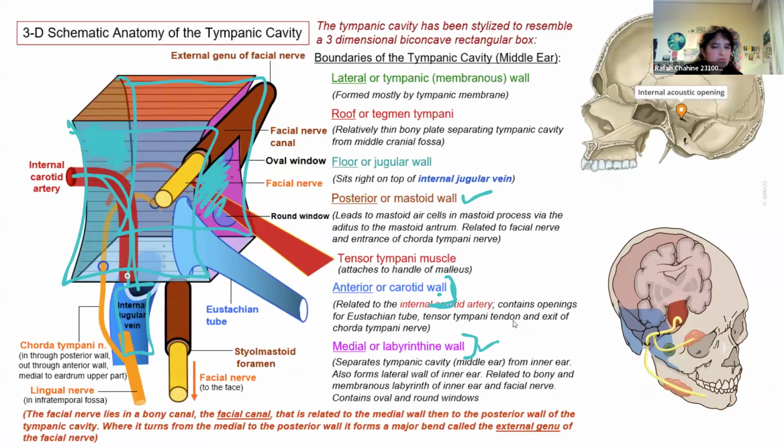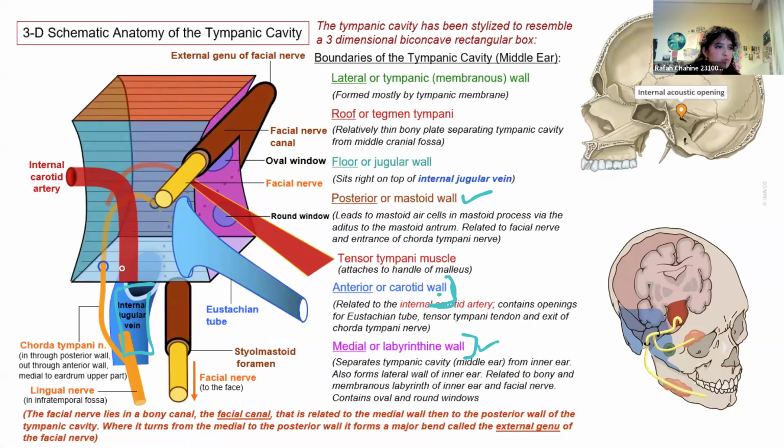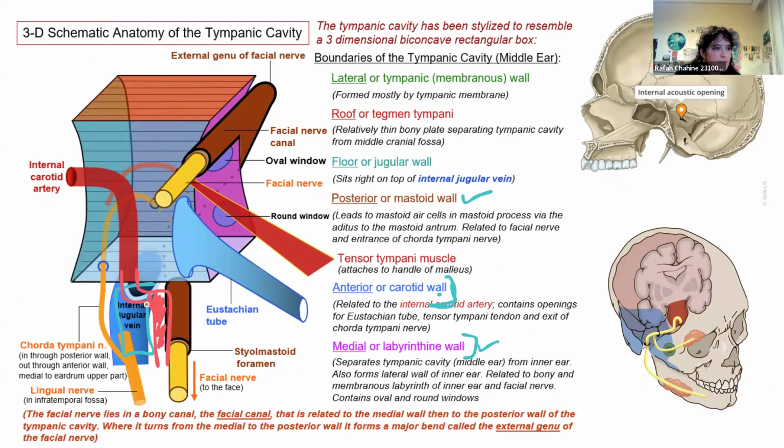So technically speaking, if we want to continue this drawing of the internal carotid, it would go like this. It's going to be next to the internal jugular vein, and it's going to continue like this, bend from the bottom and go back to the top and stick to the anterior wall of the middle ear. Hence why this front wall is going to be called the internal carotid wall, okay? So, the carotid wall.